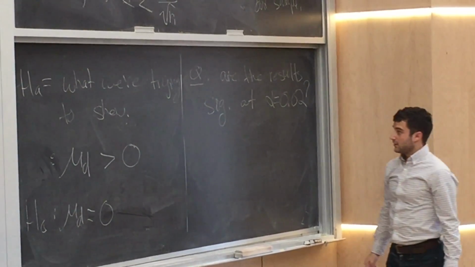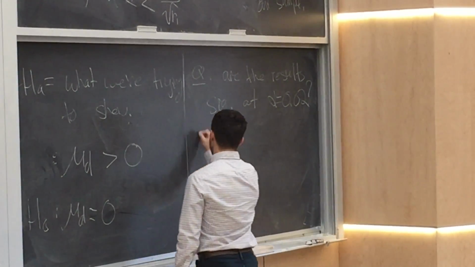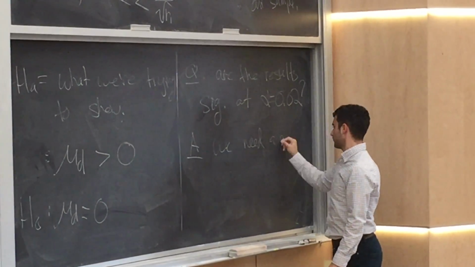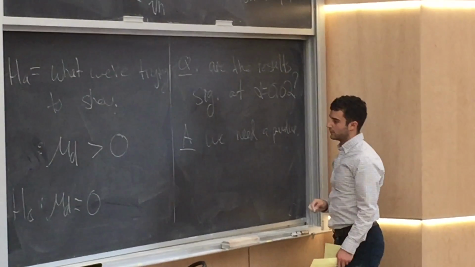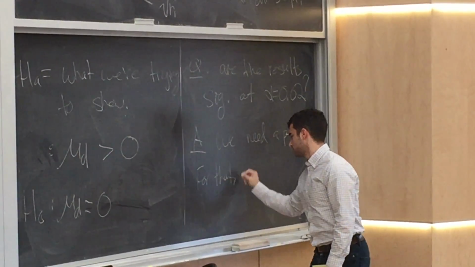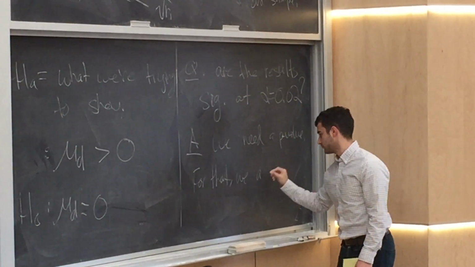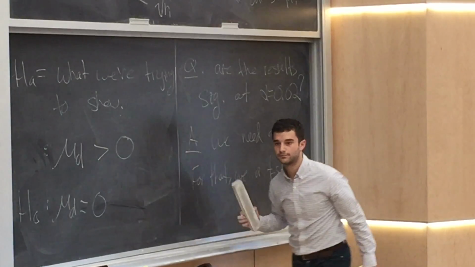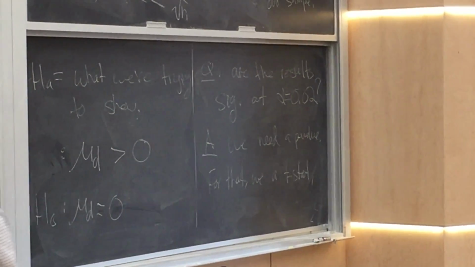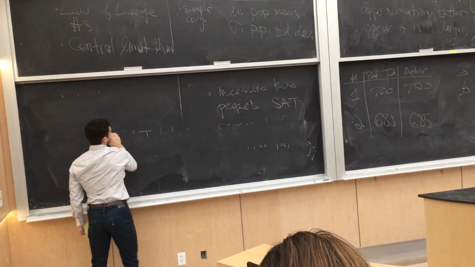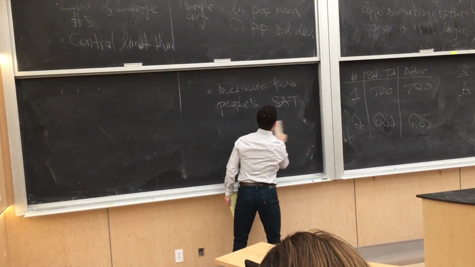To do this, we need a p-value. For that, we need a t-statistic. So let's find that t-statistic, and that will give us our p-value.